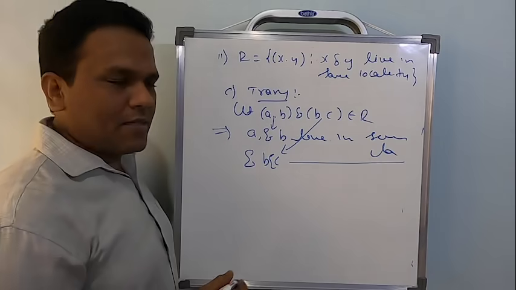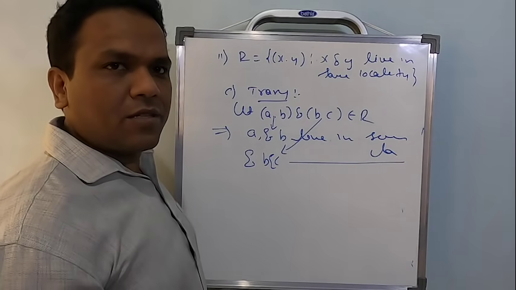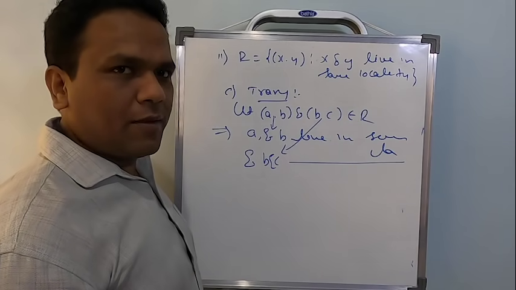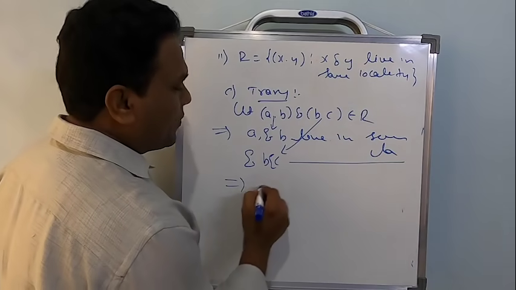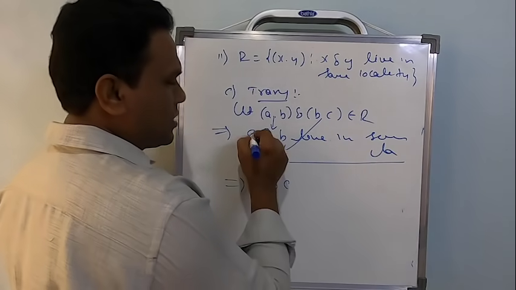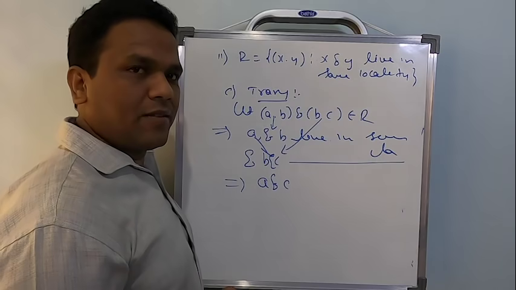Now as in the previous example, there are 3 persons under discussion and all the 3 persons live in the same locality, right? But what we need to conclude, is it possible to say now A and C live in the same locality?